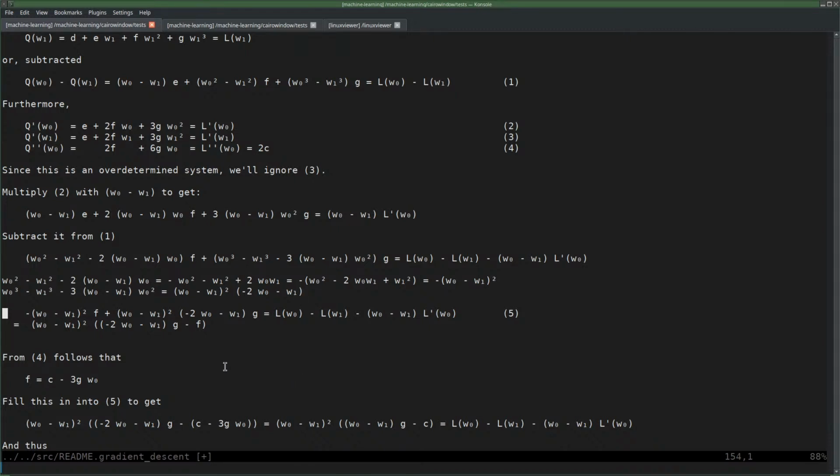And then what happens? Oh yeah, fill that in. So this is not highlighted.